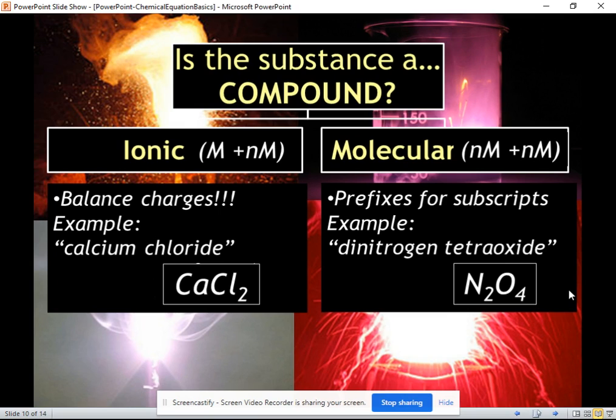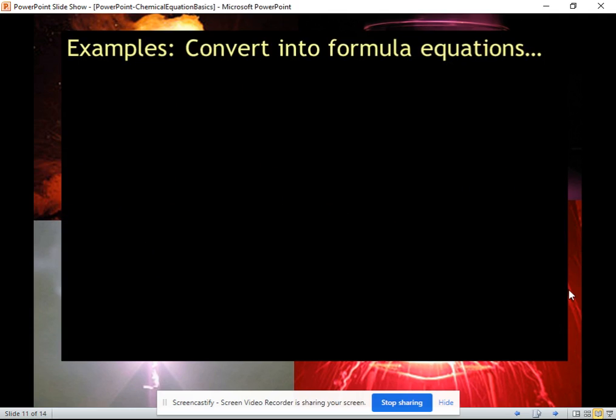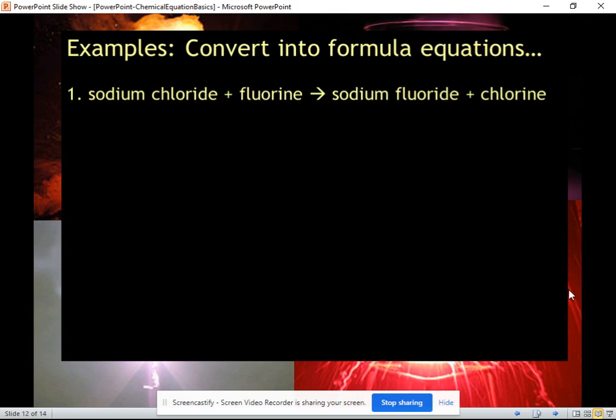Okay. So now let's do some examples on the bottom of page 6 here. We're converting these into formula equations. So we have sodium chloride plus fluorine yields sodium fluoride plus chlorine. Notice my use of fluorine and fluoride, chloride and chlorine. The IDE ending in sodium chloride tells me that this is a bond of some sort, whether it's ionic or molecular.